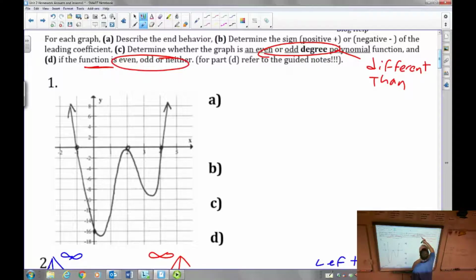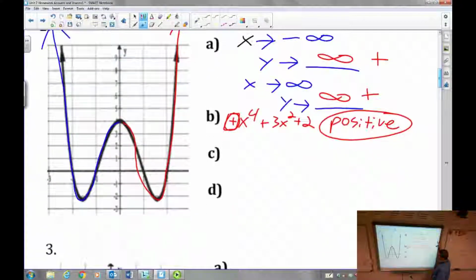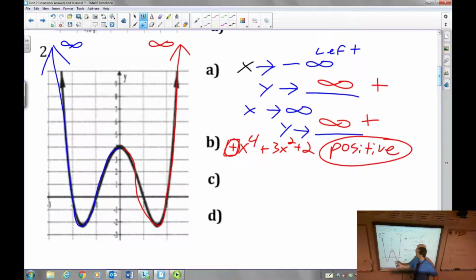The degree is different than the actual function being odd or even, because you could have an odd degree polynomial that is neither even nor odd as a function. So just be careful. First we'll do odd and even degree. Since this is both going up, positive infinity, that means it's an even degree: x to the 4th, x to the 6th, x to the 8th.